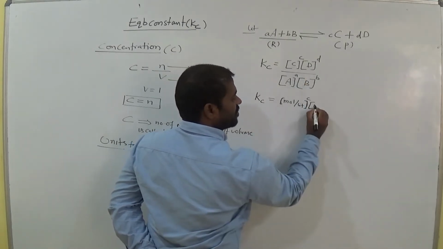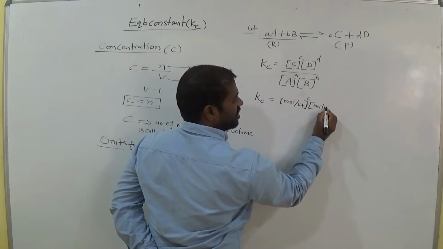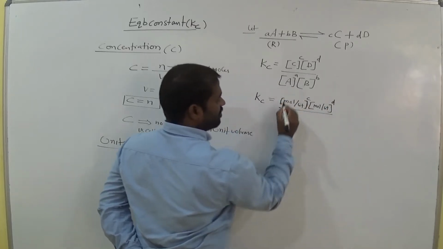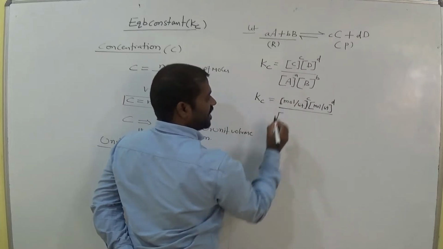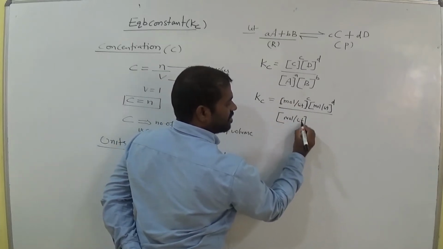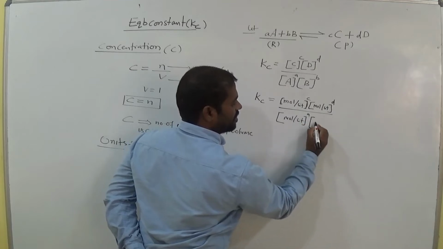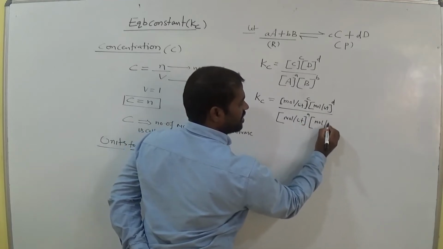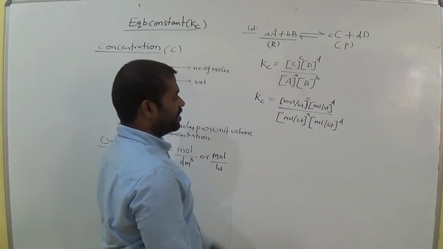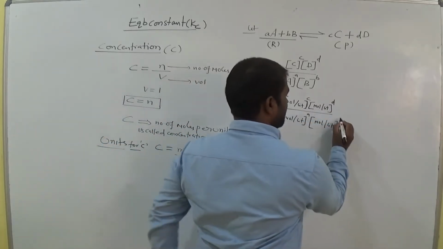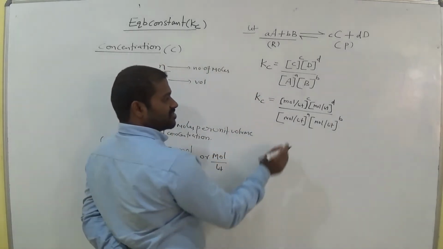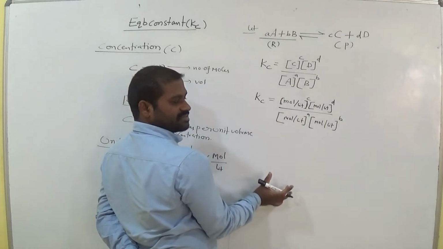For D also mole per liter power d. For A also mole per liter power a. Here also mole per liter power b. So these are the units for concentrations.